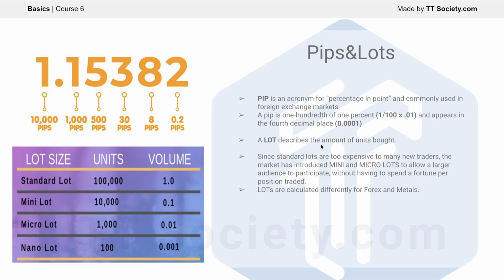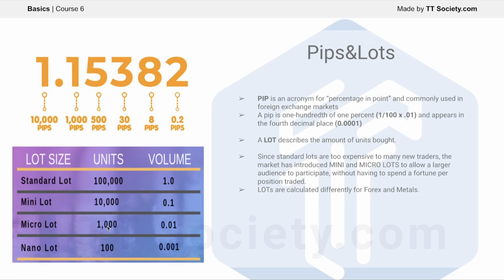Since we're not trading too much Forex here, we're going to focus on commodities more. We're talking a lot about lot sizes. And a lot size describes the amount of units bought. What is very important to understand is that lot sizes are being defined as standard lots, mini lots, and micro lots.